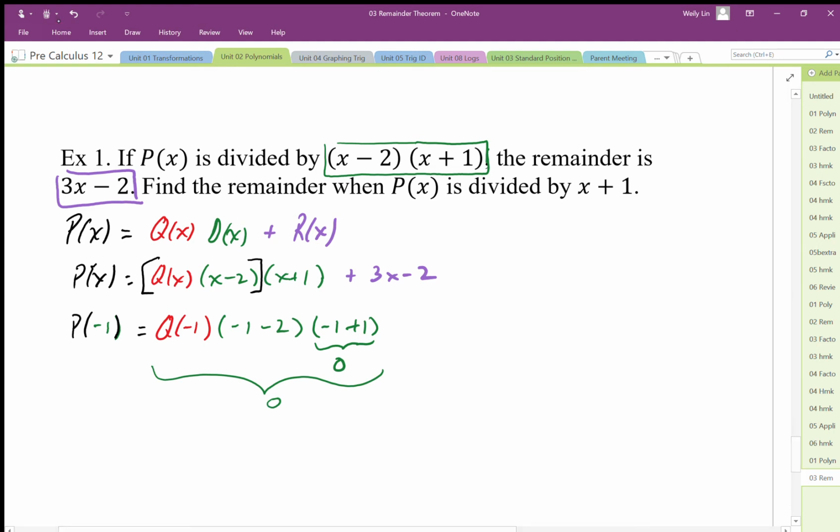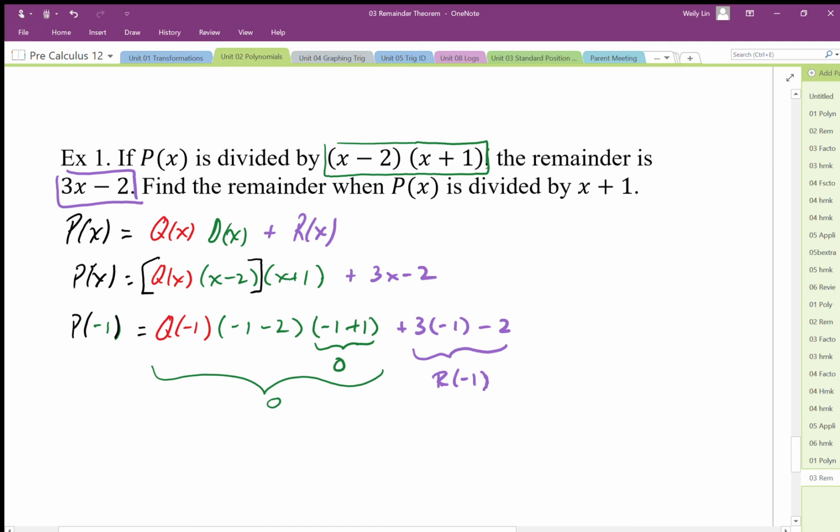We don't need to consider this. What we're left with then is the remainder term, which I can substitute negative 1 into. And whatever this ends up being is my r of x, in fact, the remainder when x is negative 1.